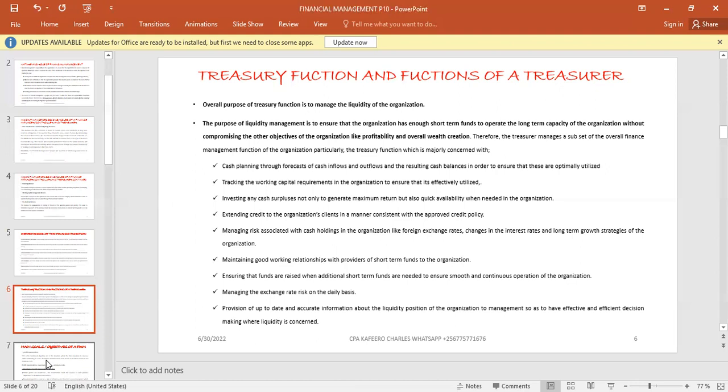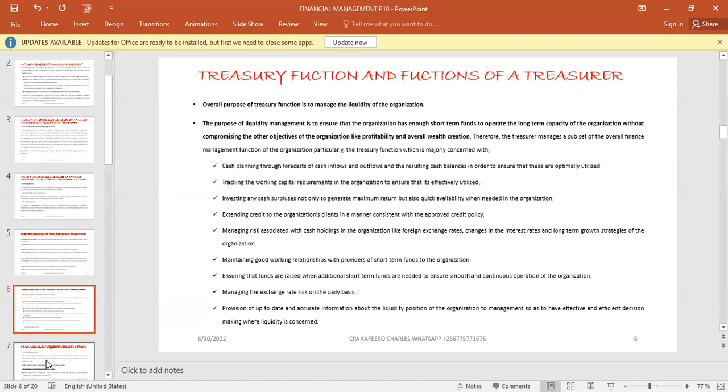This treasury function is within the finance department, or finance function, that is only there to look at how these other subsidiary departments within the organization operate so that we'll be able to get everything.